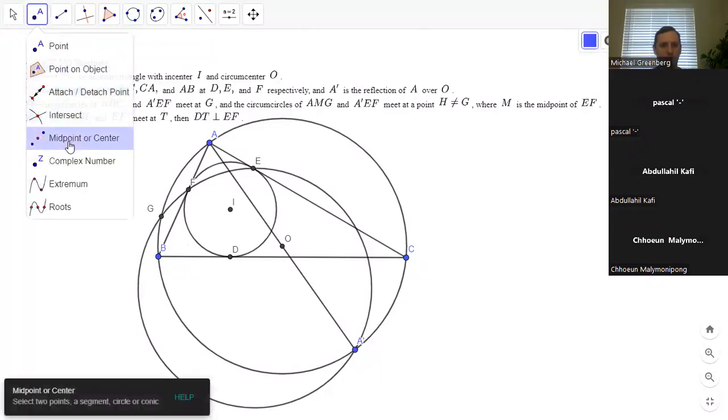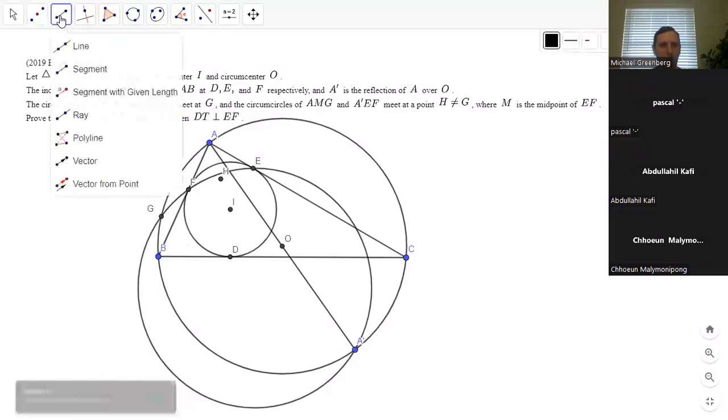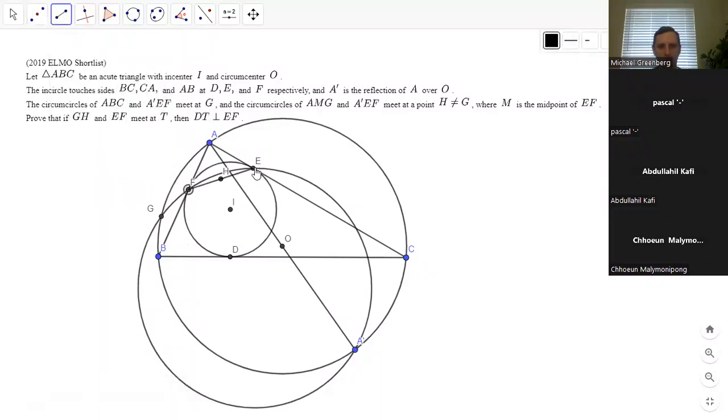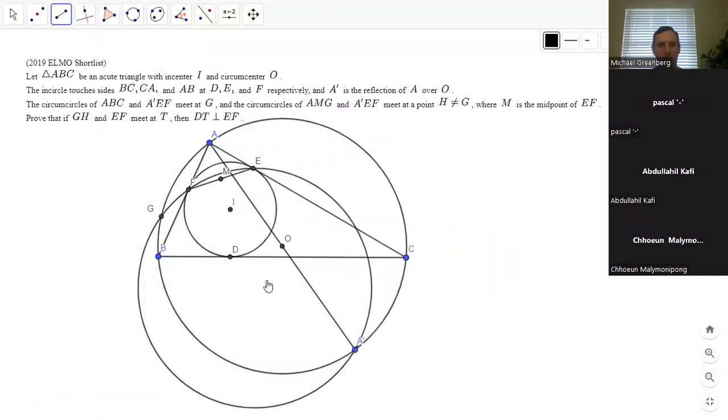Okay. Let me draw that segment in. So this is M. I don't know if it's worth drawing the whole angle bisector, but obviously AM and I are collinear. So let's wait a second. Prove that if GH, what is H?